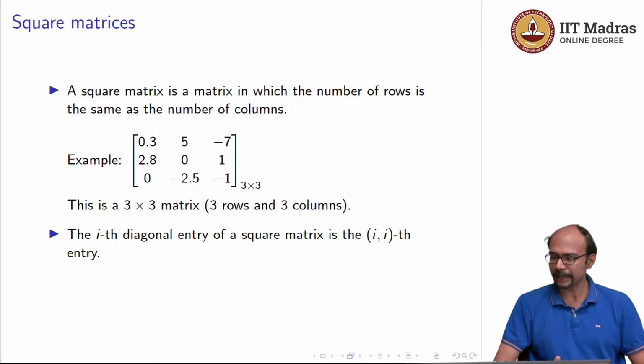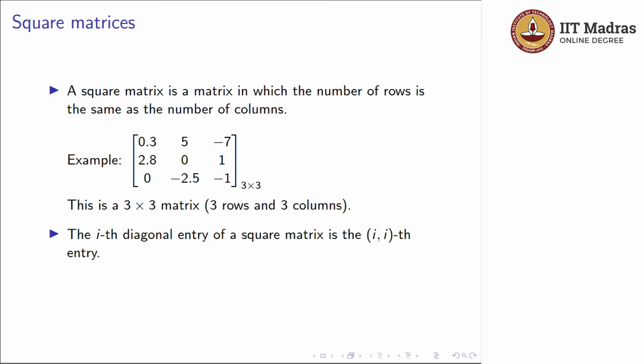So the ith diagonal entry of a square matrix is the ith entry. Okay, so when you have a square matrix, there is something called the diagonal of the square. And we look at the ith entry on the diagonal, and that's the ith entry of the matrix. So the diagonal of the square matrix is the set of diagonal entries.